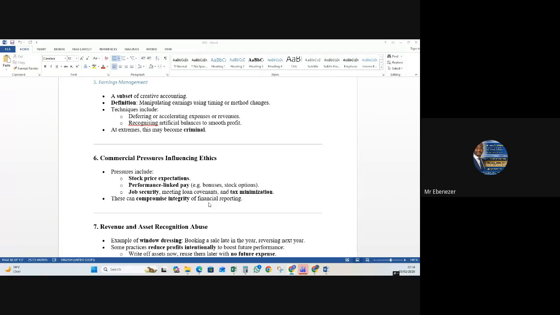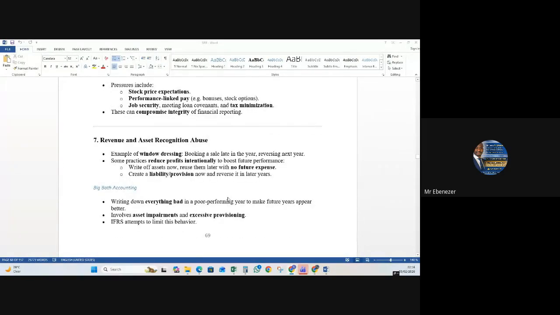Then this can compromise the integrity of financial statements. When you force it so much, it can compromise your financial statement. It can also lead to revenue and asset recognition abuse. You can abuse how you recognize your revenue and assets.